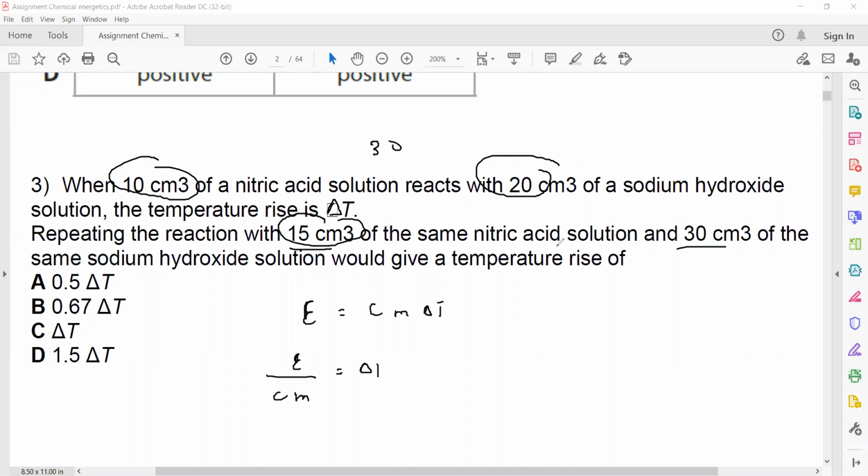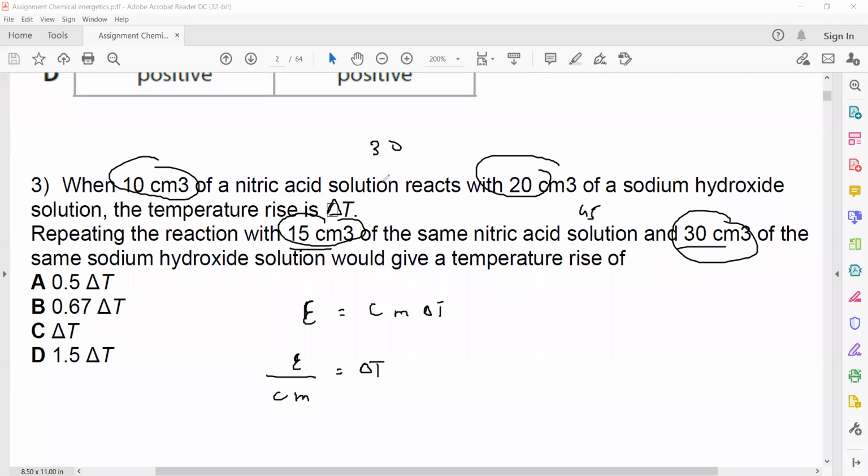In the second one, this is 15 and 30, so this is 45. The mass increases as the volume increases, the mass of the water increases, and the mass and temperature change are inversely proportional.